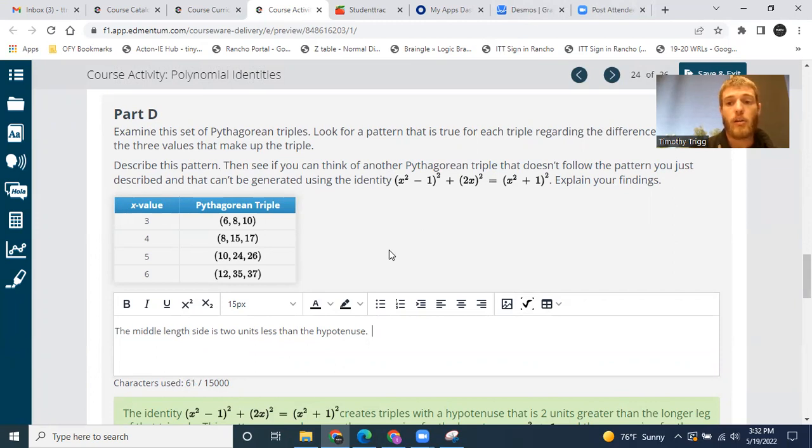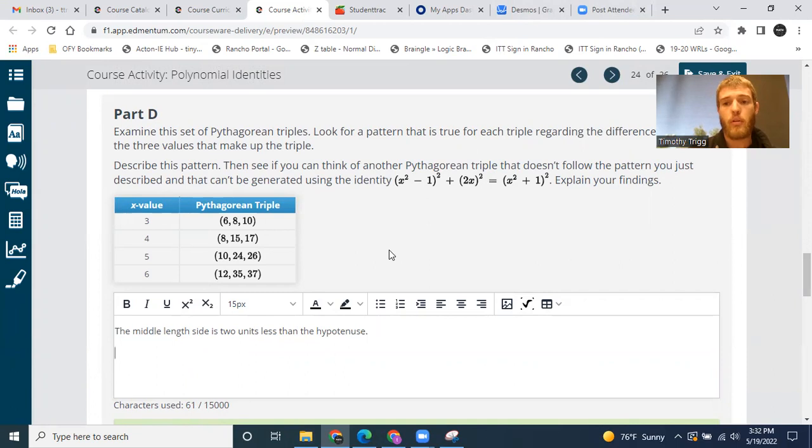So we can see that here, but not every Pythagorean triple behaves this way, right? So what's an example of a Pythagorean triple that doesn't follow this x squared minus 1 pattern? Well, one example we can say is 5, 12, 13. So 5, 12, 13 is a Pythagorean triple that does not follow the pattern.